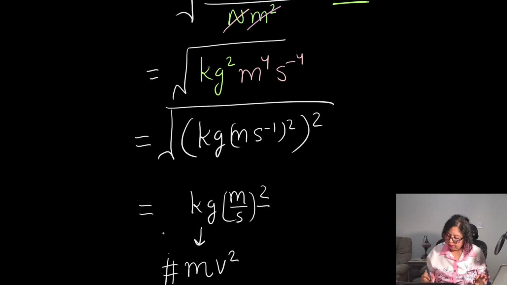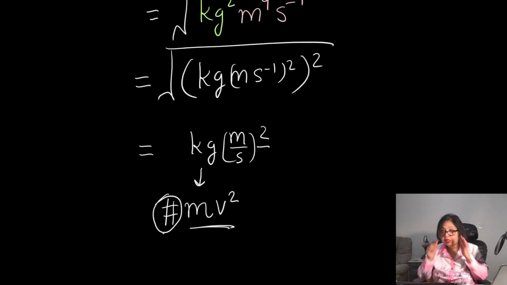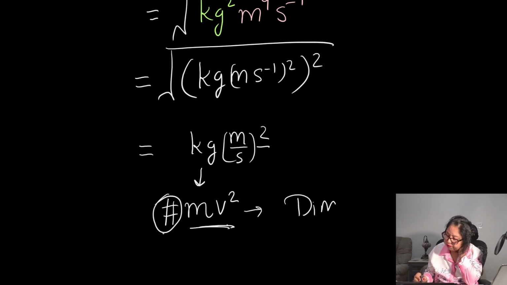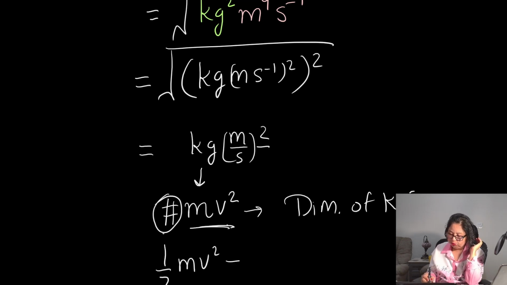So, except for this factor, this is the dimensional formula for mv squared. This has dimensions of what? Kinetic energy. So if I put 1/2 mv squared, this is kinetic energy.